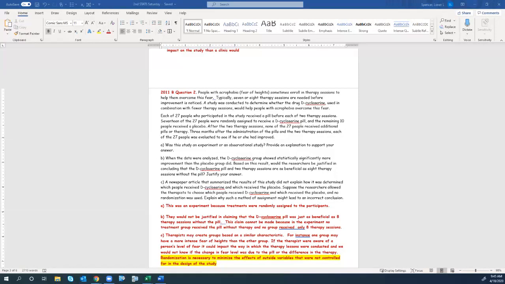Part B, when the data was analyzed, the medication group showed statistically significantly more improvement than the placebo group did. Based on this result, would the researchers be justified in concluding that the medication and the 2 therapy sessions are as beneficial as 8 therapy sessions without the pill?